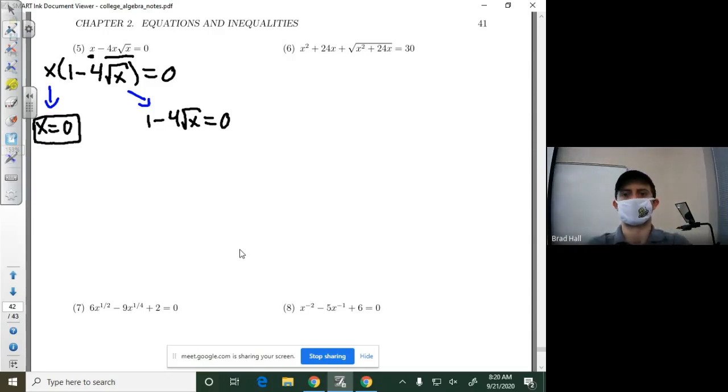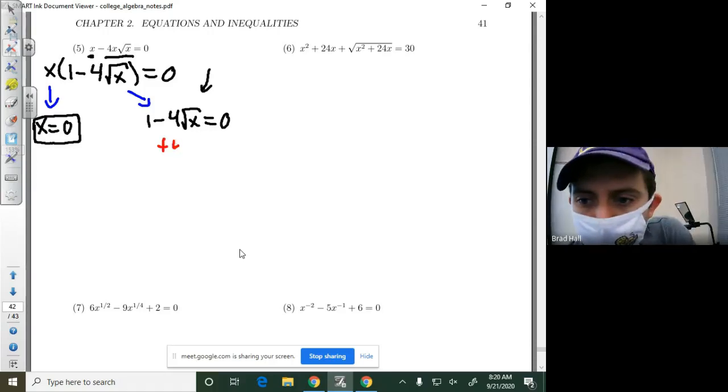I just think this method's a lot easier because if you already notice, one of them's already solved for us. So we already have half of the answers right there. And then the other half, we just need to figure out how to solve for x here. But what we can go ahead and do is add 4 square root of x on both sides.